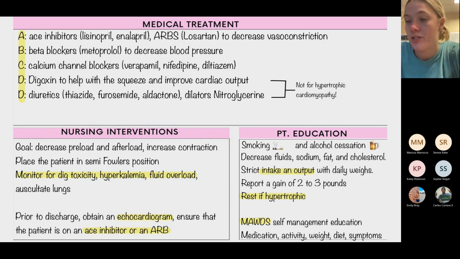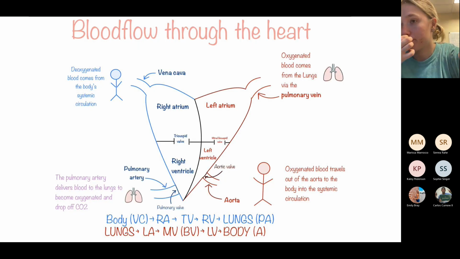What we as nurses have to do, if we have a patient with a new diagnosis of cardiomyopathy or heart failure, is make sure they've gotten an echo done because that's something a provider would want to know. What was your echo 2 years ago and what is your echo now? Are you getting better? Are you getting worse? They also need to be sent home on an ACE or an ARB.